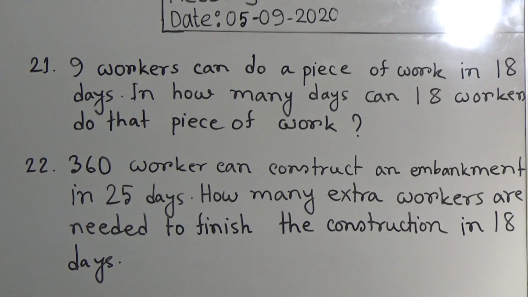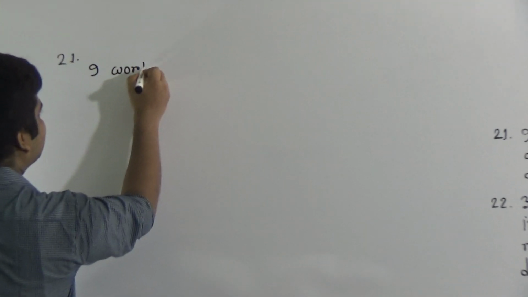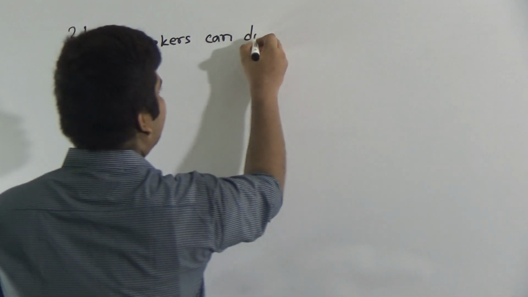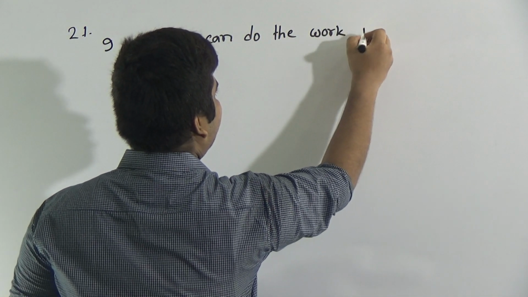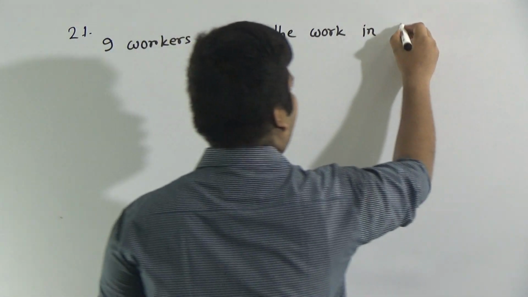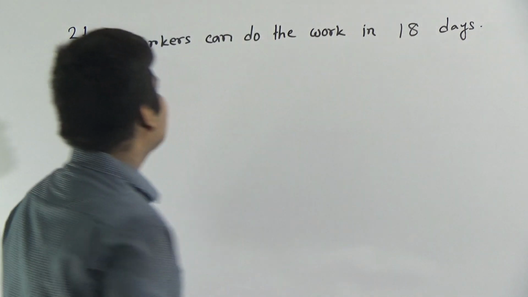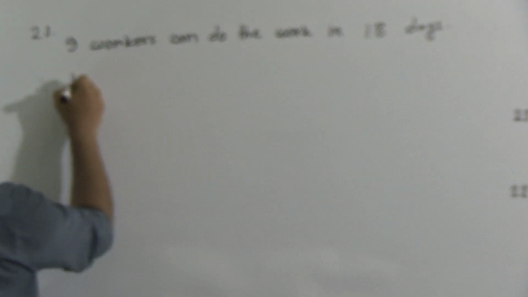First of all, we write 9 workers can do the work in 18 days. As it is the unitary method, we find out in 1.